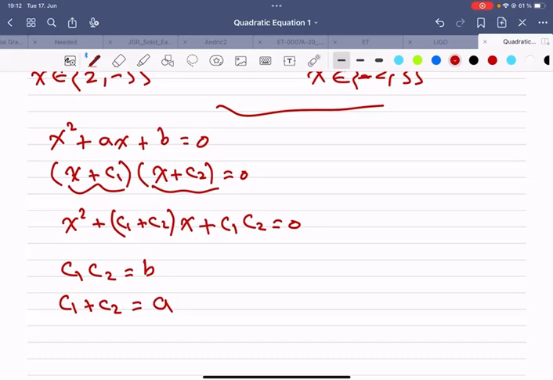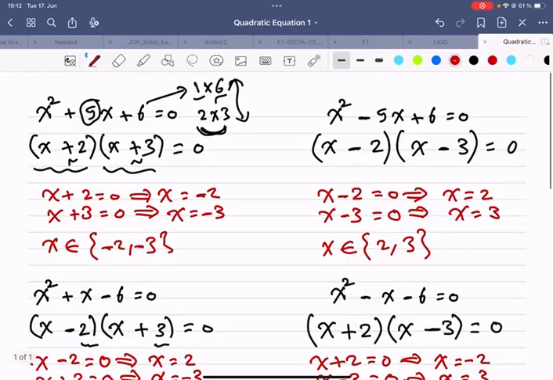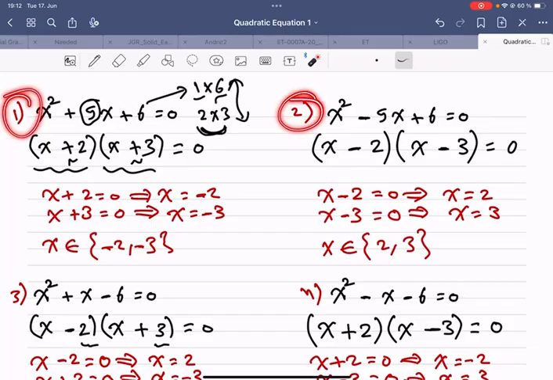So from here, if b is positive, it's like the first and the second example.